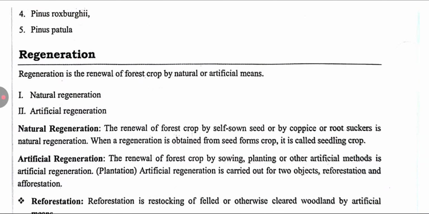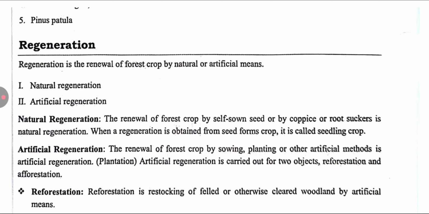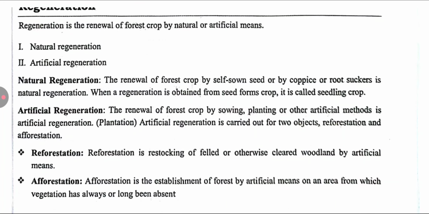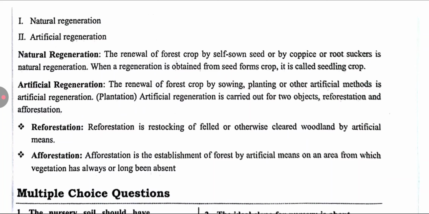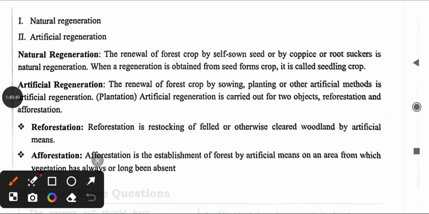Regeneration is the renewal of a forest crop by natural or artificial means. Natural regeneration and artificial regeneration. Natural regeneration: the renewal of a forest crop by self-sown seed or by coppice or root suckers is natural regeneration.